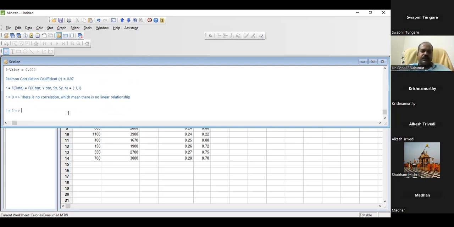Do you understand or not? r equal to 0 means there is no correlation. That means there is no linear relationship.